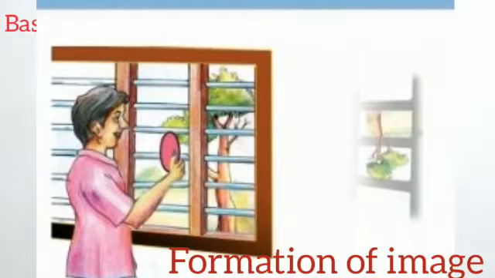You change its direction until you get a clear image of that object. Here is the tree, so you can see that tree on the screen. Until you get a real image, you just change the position forward and backward. So you can see the image.